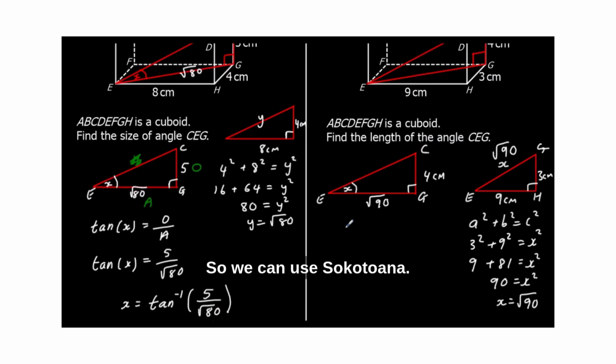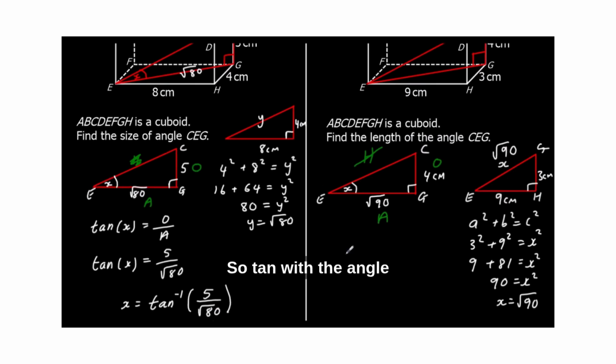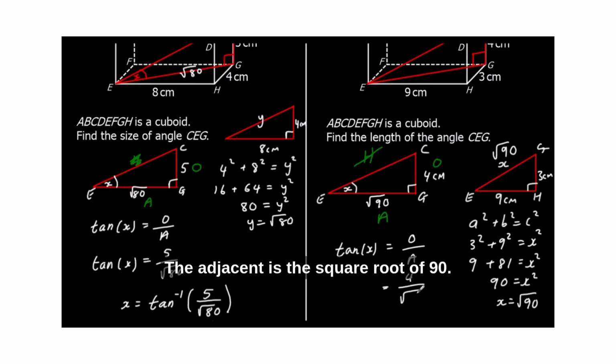So we can use SOHCAHTOA now. We know two lengths. So we know the opposite and the adjacent. We don't know the hypotenuse. We're not trying to work it out. So we're using tan. We're using TOA, the one with O and A in it. So tan with the angle is equal to the opposite over the adjacent. The opposite's 4. The adjacent's the square root of 90.